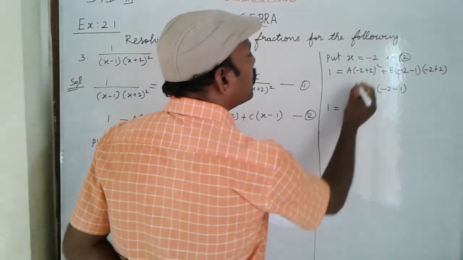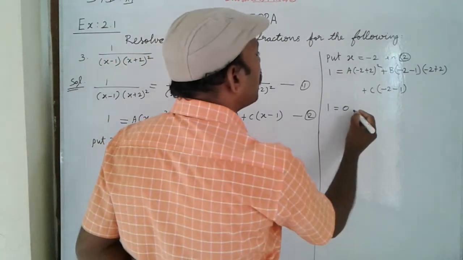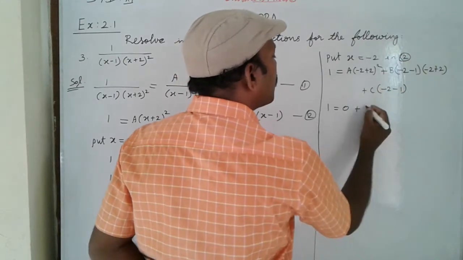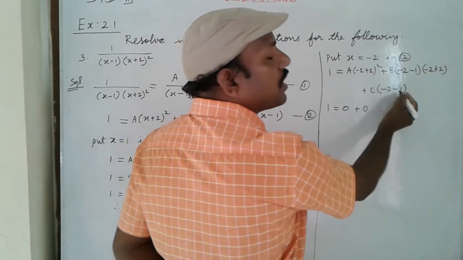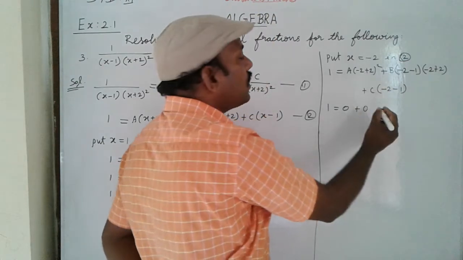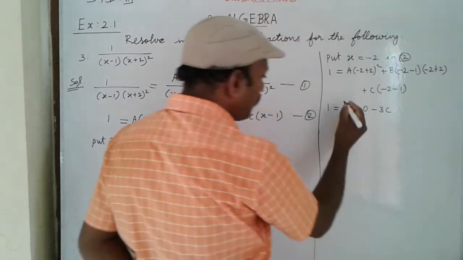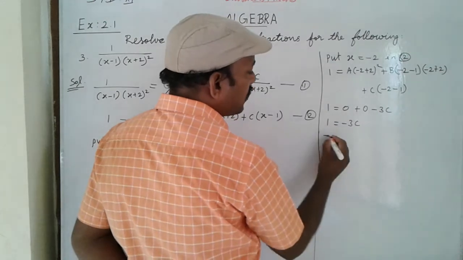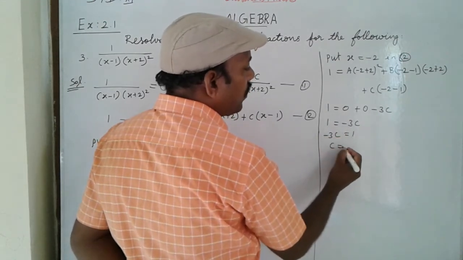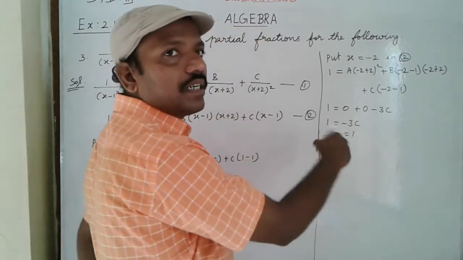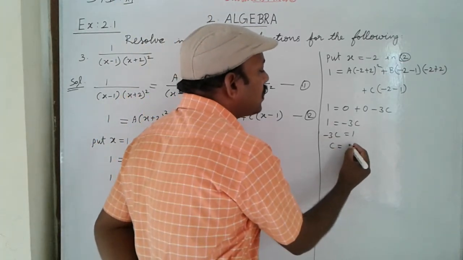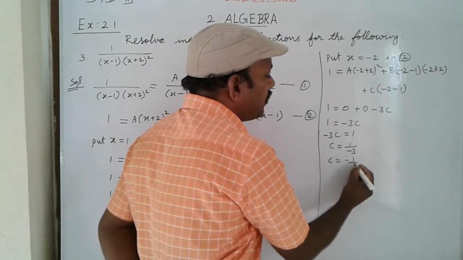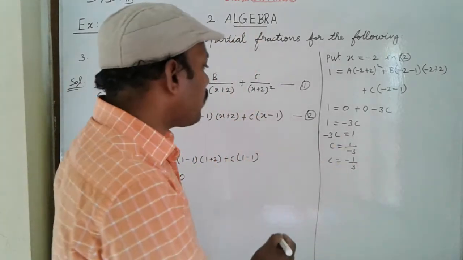So 1 equals 0 plus 0, and minus 2 minus 1 is minus 3, into c is minus 3c. So 1 equals minus 3c, interchange places: minus 3c equals 1, c equals 1 divided by minus 3, so c equals minus 1 by 3.